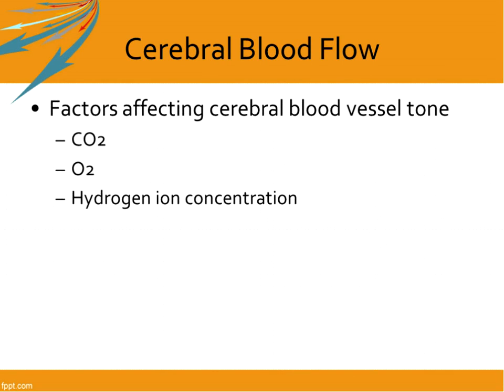That's going to decrease cerebral resistance, and it's going to increase cerebral blood flow. Okay? By contrast, if you see a decrease in the carbon dioxide in the arterial blood, then you're going to see a constriction in the cerebral vessels, which is going to increase cerebral vascular resistance and decrease cerebral blood flow. So that makes sense, okay?